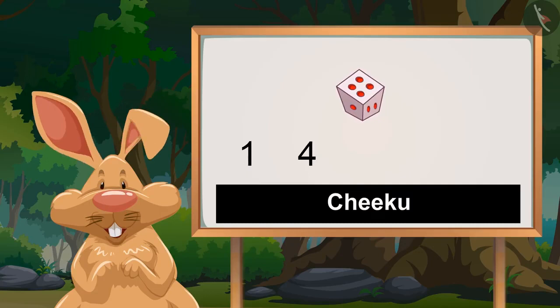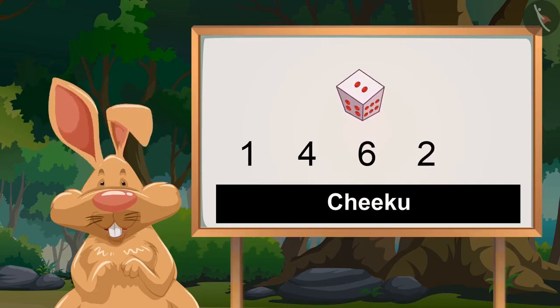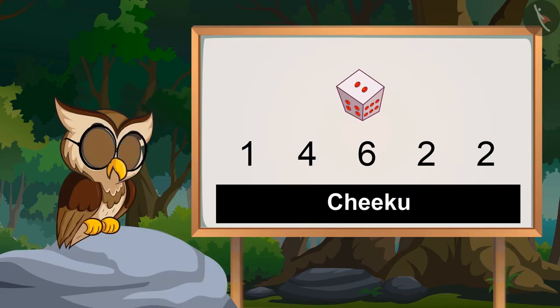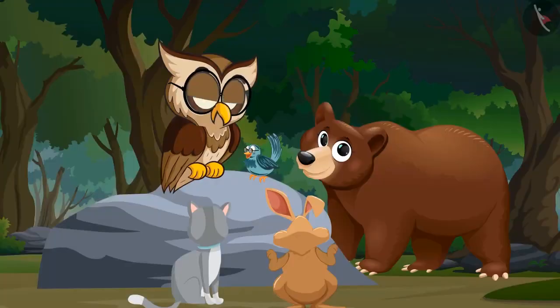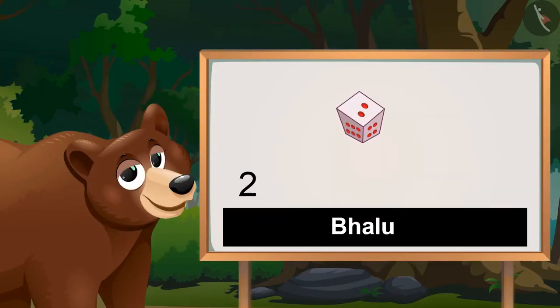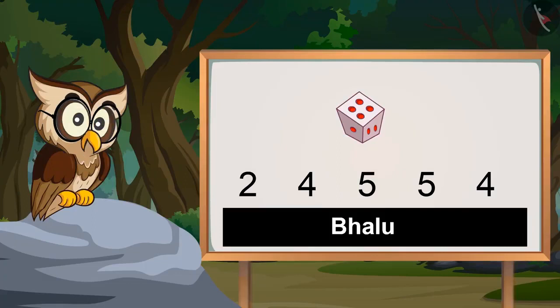I will roll first. 1, 4, 6, 2, 2. So Chiku got these numbers on the dice. Now Bhalu, it's your turn. Okay. 2, 4, 5, 5, 4. So Bhalu got these numbers on the dice.